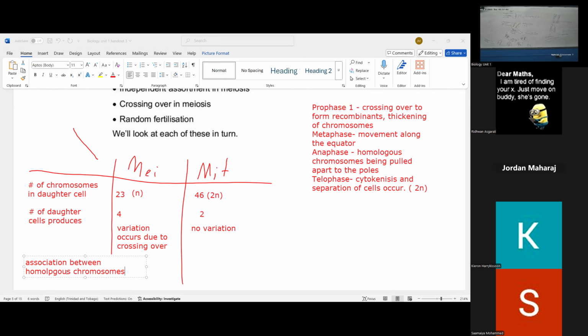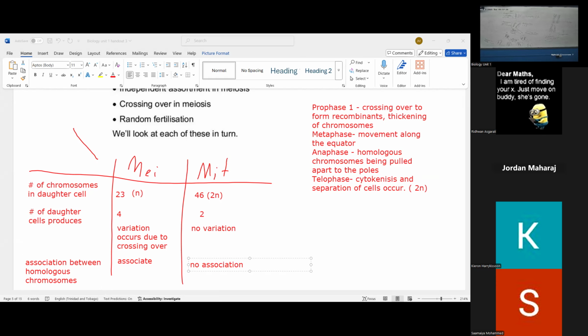So do homologous chromosomes associate with each other in meiosis? Yes. They associate during meiosis and they do not associate during mitosis, because no crossing over occurs in mitosis. So your homologous chromosomes are not going to come together. No association.